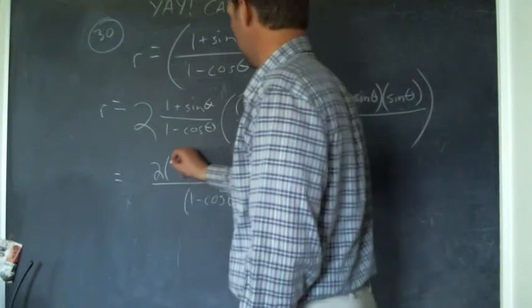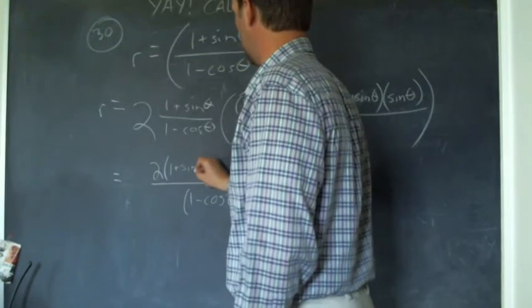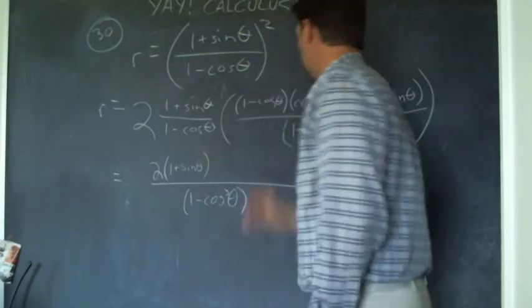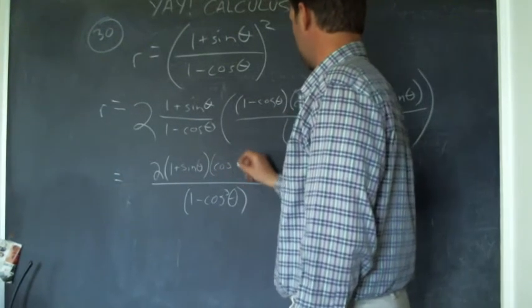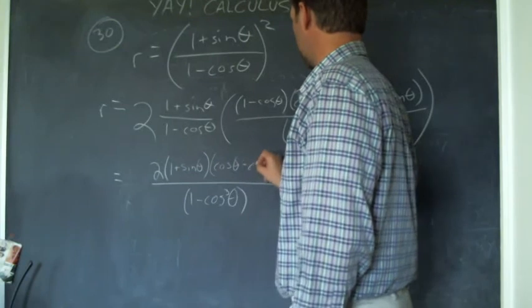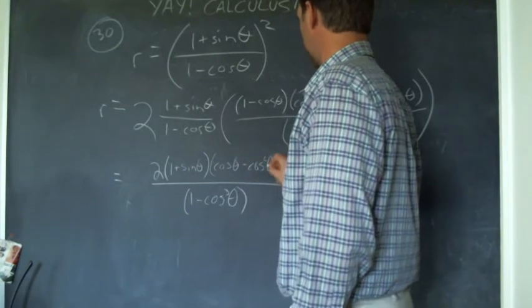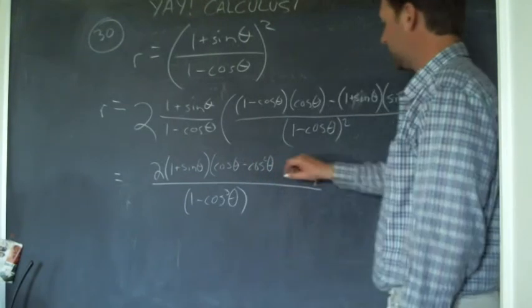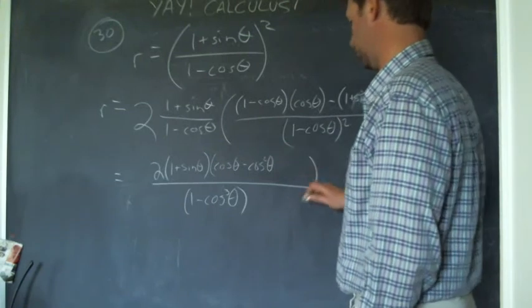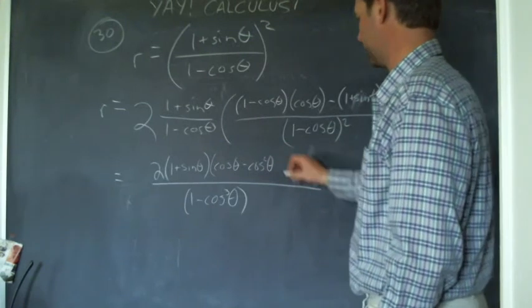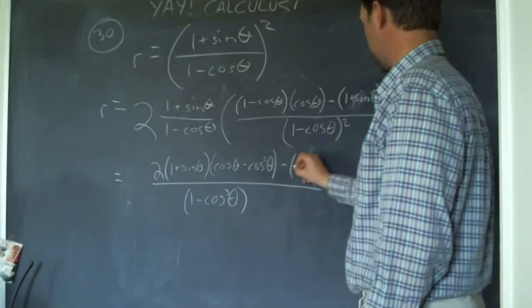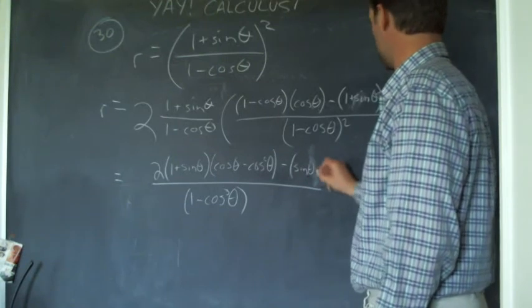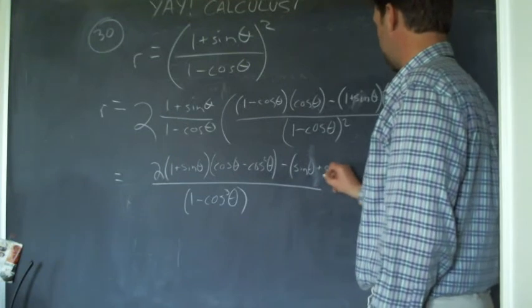We get 1 plus sine of theta. These two multiplied, that'll be cosine theta minus cosine squared theta. And minus sine theta plus sine squared theta.